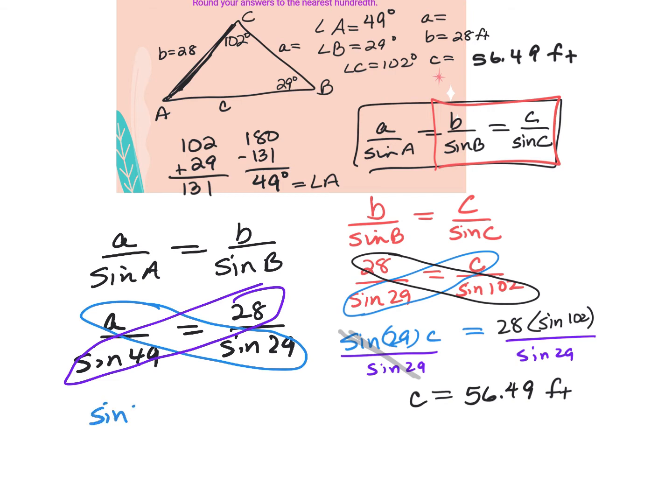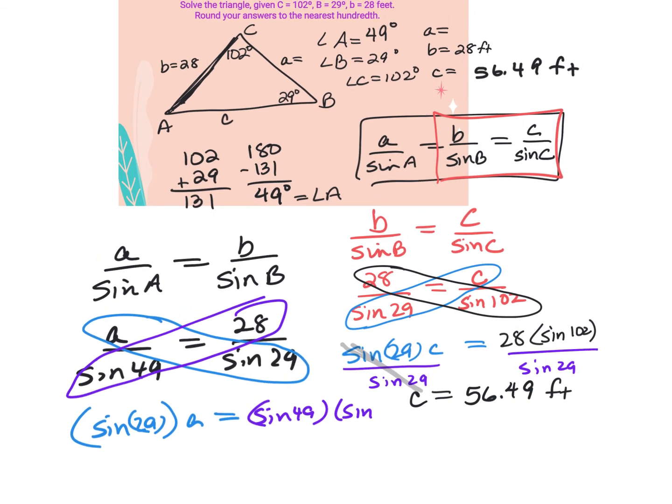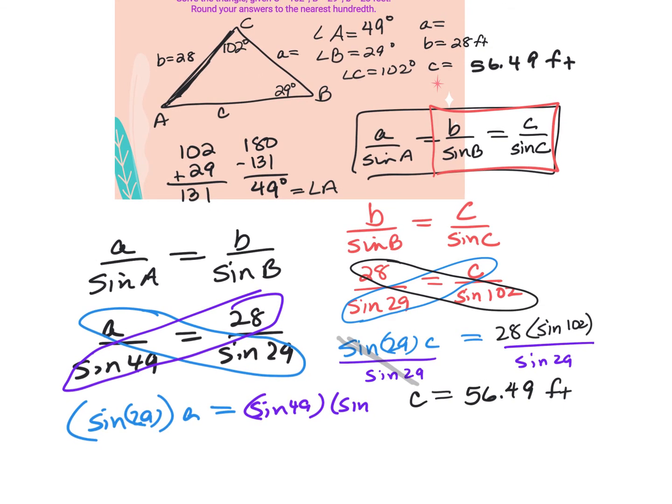So sine 29 times a equals the sine of 49 times 28. Sorry, not another sine. So this should just be 28. So sine of 49 times 28.